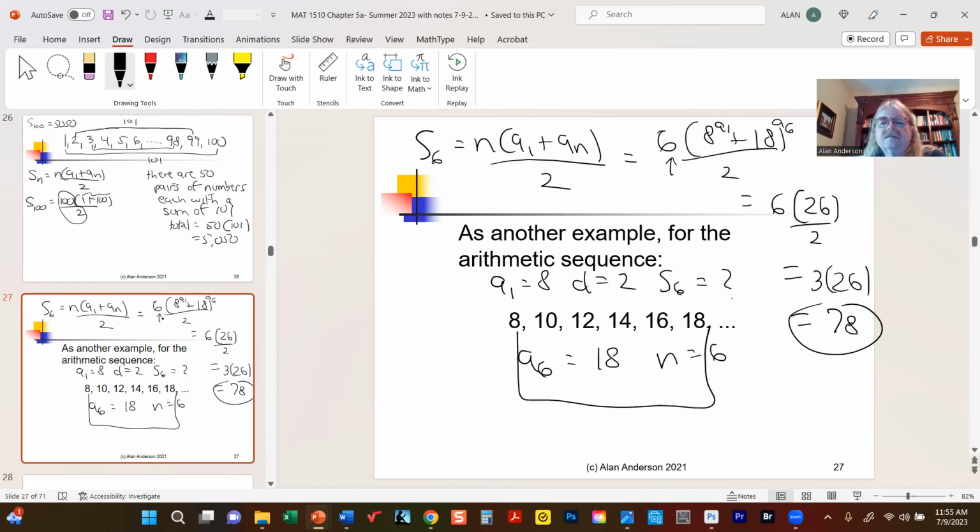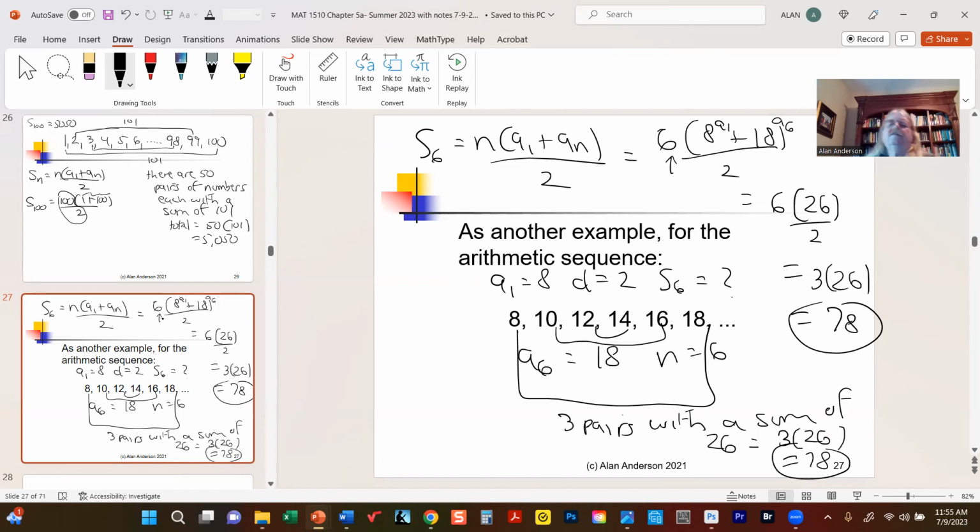Again, you've got 3 pairs with a sum of 26. Okay, very good.